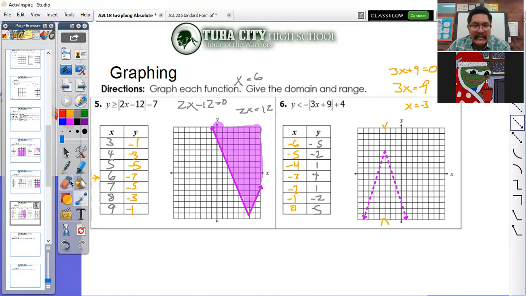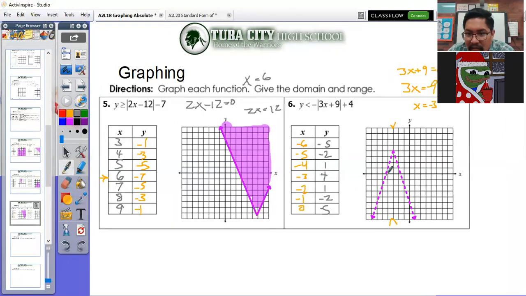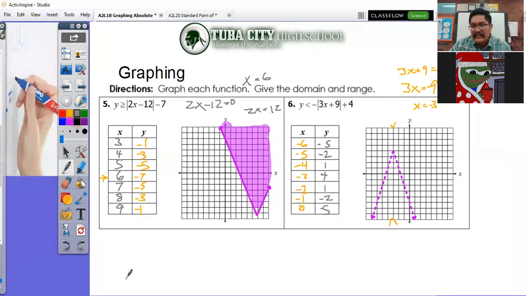There you go. And it should pass through the points continuing. Let's go with -2, 1, right? It passes right there. -1, -2, so it passes through that point there, and 0, -5. So just by mirroring it, we can still get a very good idea of the graph.